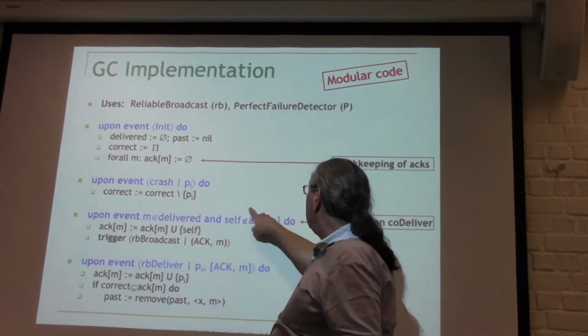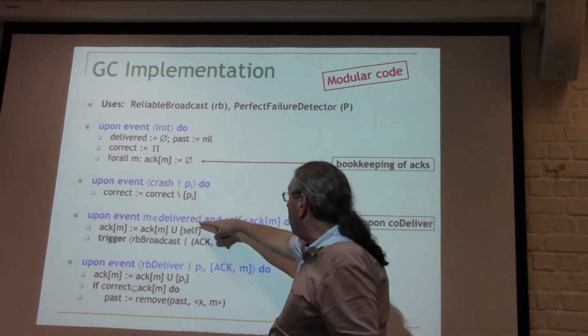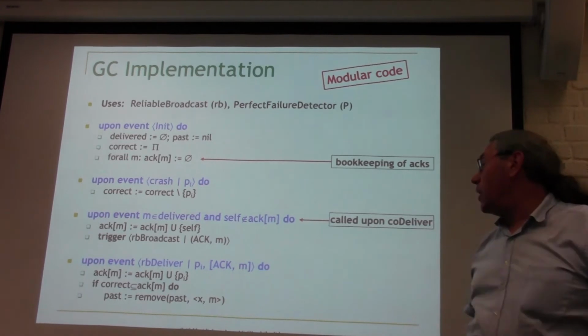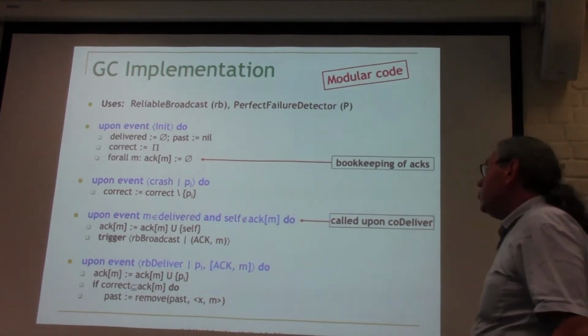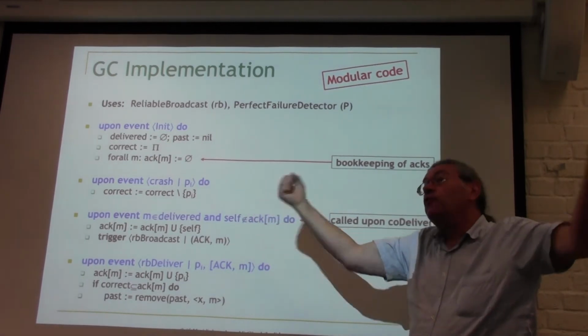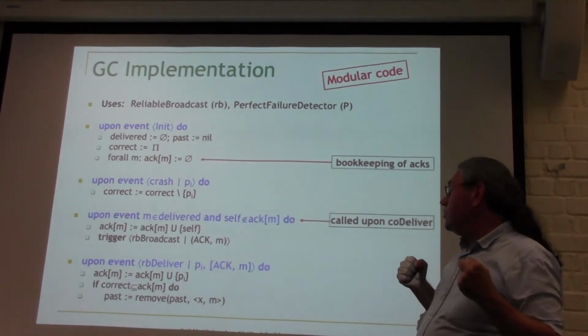This makes sure I only execute this once. And I do an RB broadcast so that all the correct nodes will get the acknowledgement.